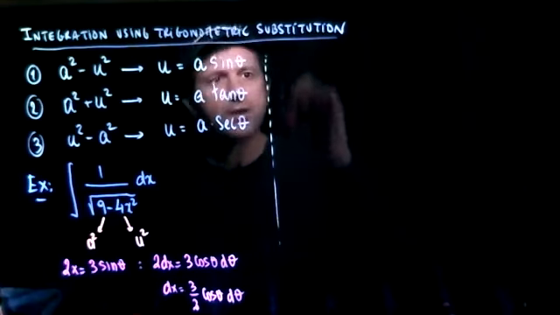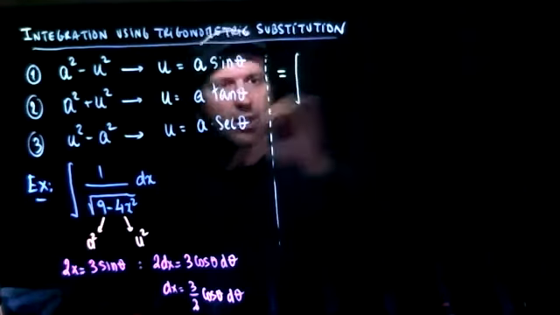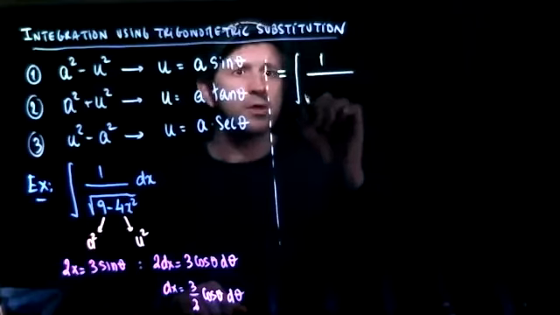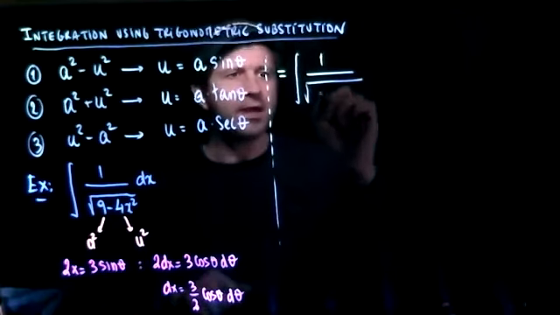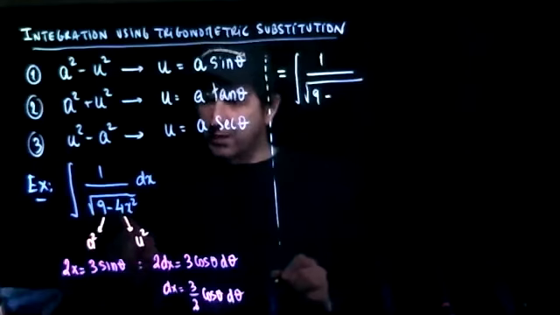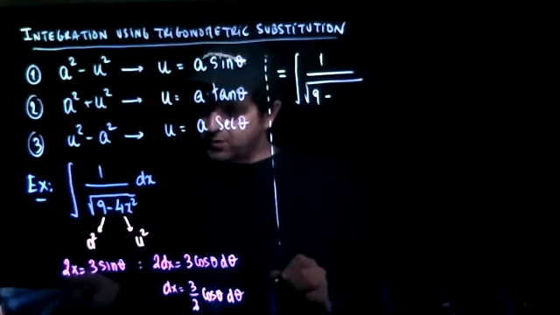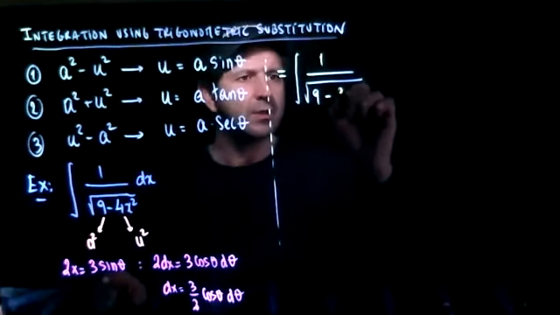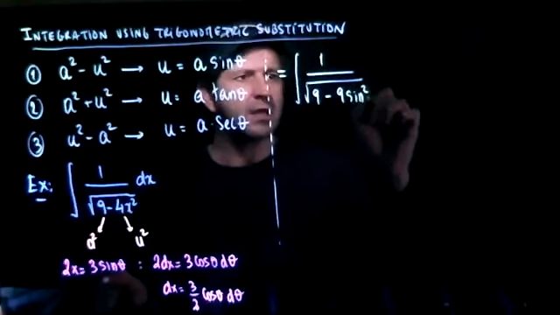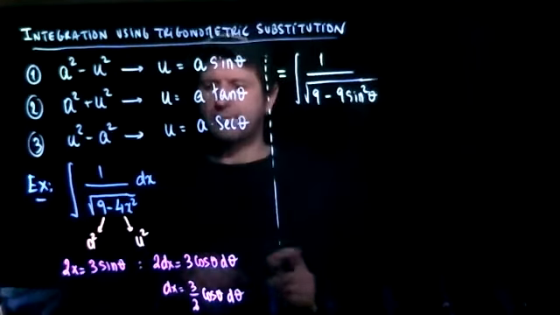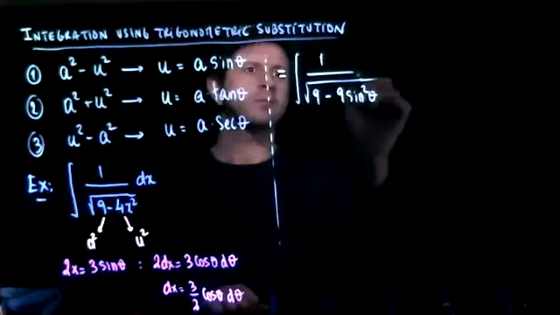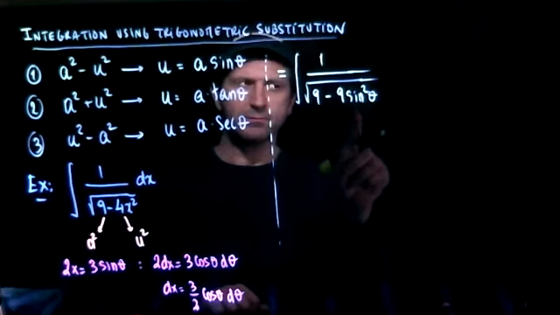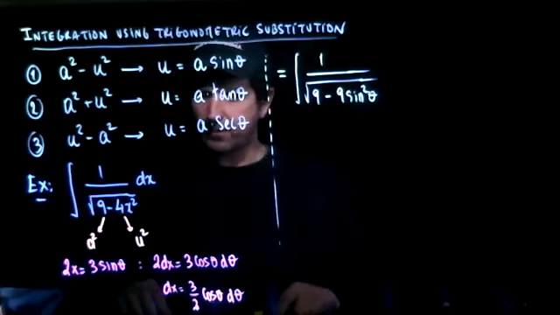Here, it's equal to the integral of 1 over the square root of 9 minus 4x squared. If I square 2x, I'm going to square this guy, I will get 9 times sine squared of theta. You understand this? Can you repeat? Yes. Okay.